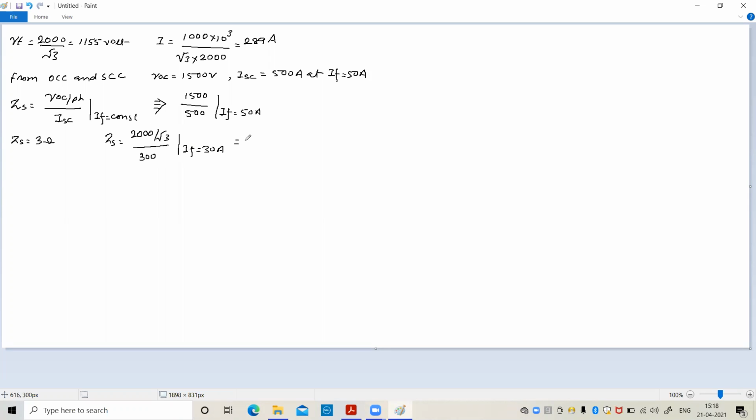So the value of ZS is 1155 divided by 300, which is 3.85. So again, it is a higher one. Therefore, it is better to calculate the synchronous impedance value in the saturated region.